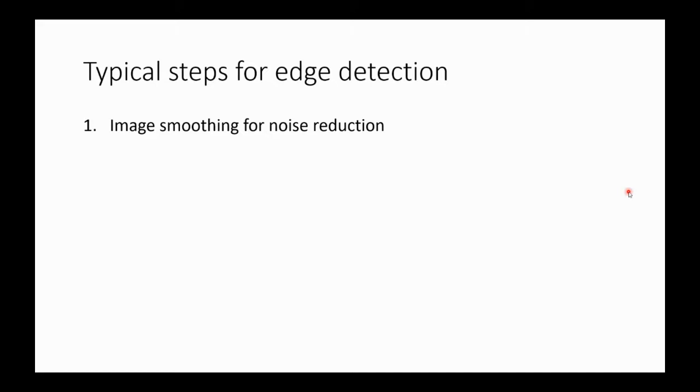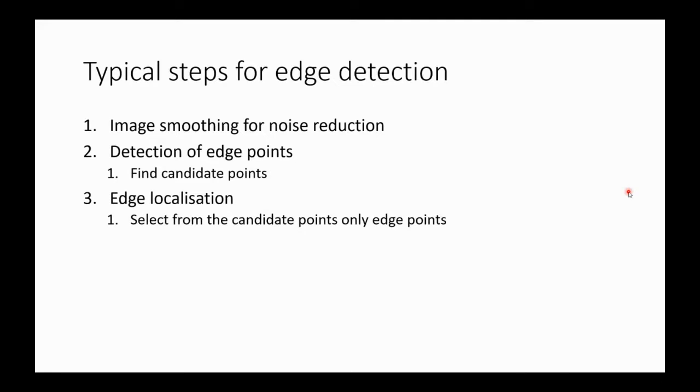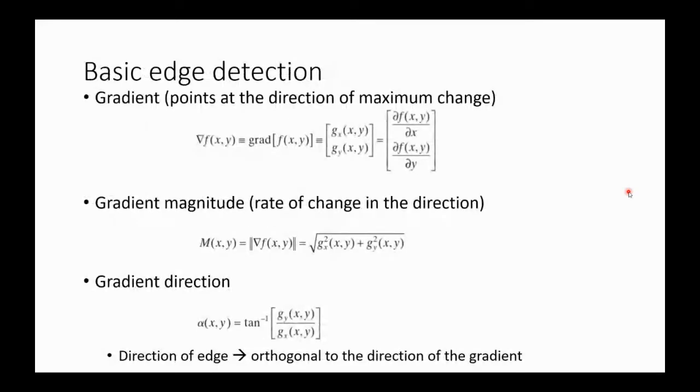So now you just apply your knowledge. First, find what kind of noise you have and apply the appropriate filter for it. Then use detection of edge points, finding the candidate points using the first derivative. Then edge localization: select from the candidate points only the edge points by using the second derivative.